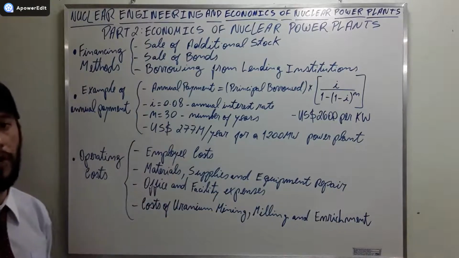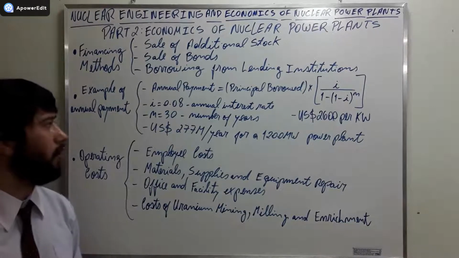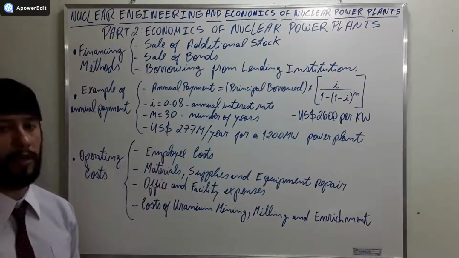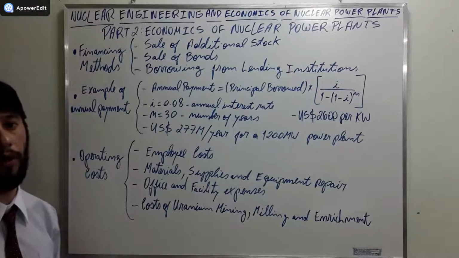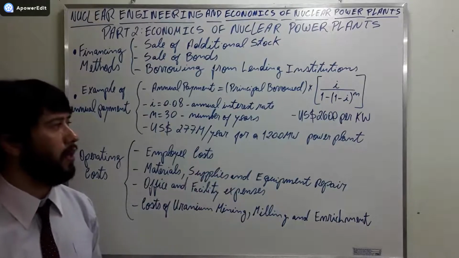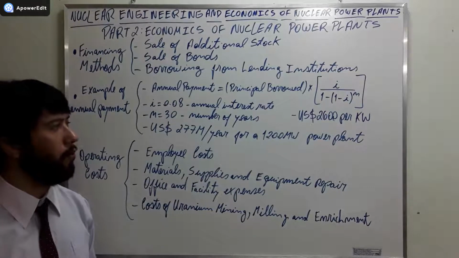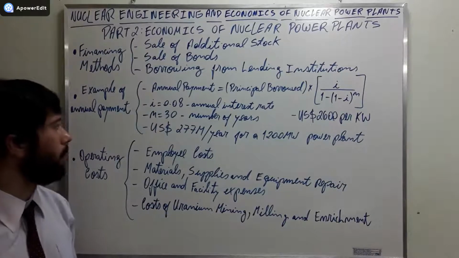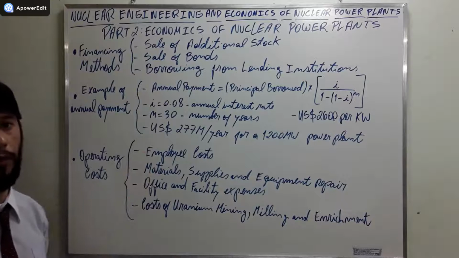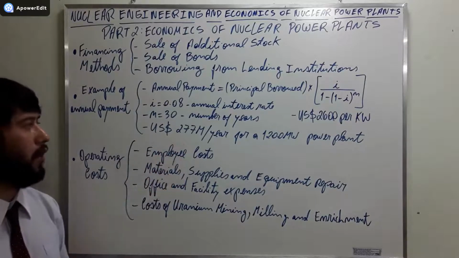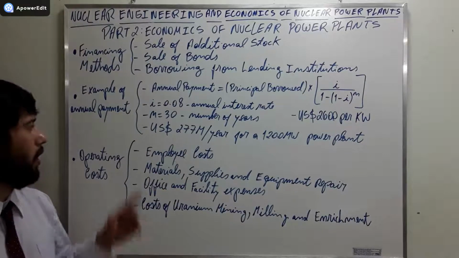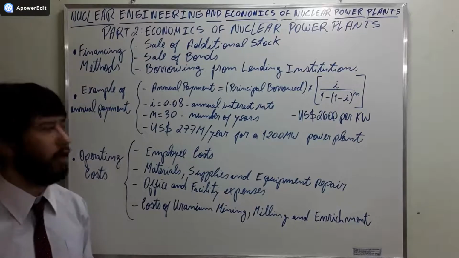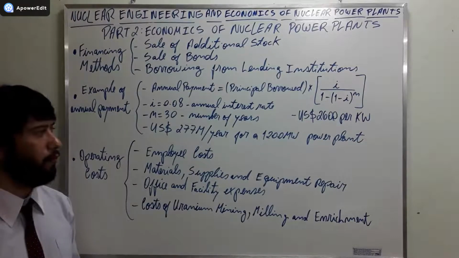The formula for calculating annual payments is annual payment is equal to the principal borrowed times I divided by 1 minus I raised to the nth power, where I equal to 0.08 is the annual interest rate, and n equal to 30 is the number of years.